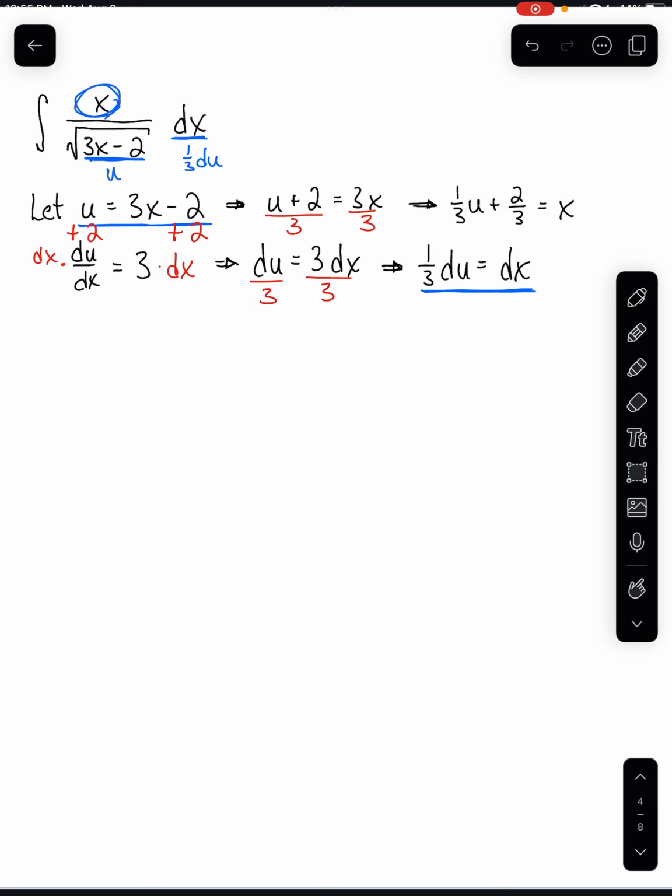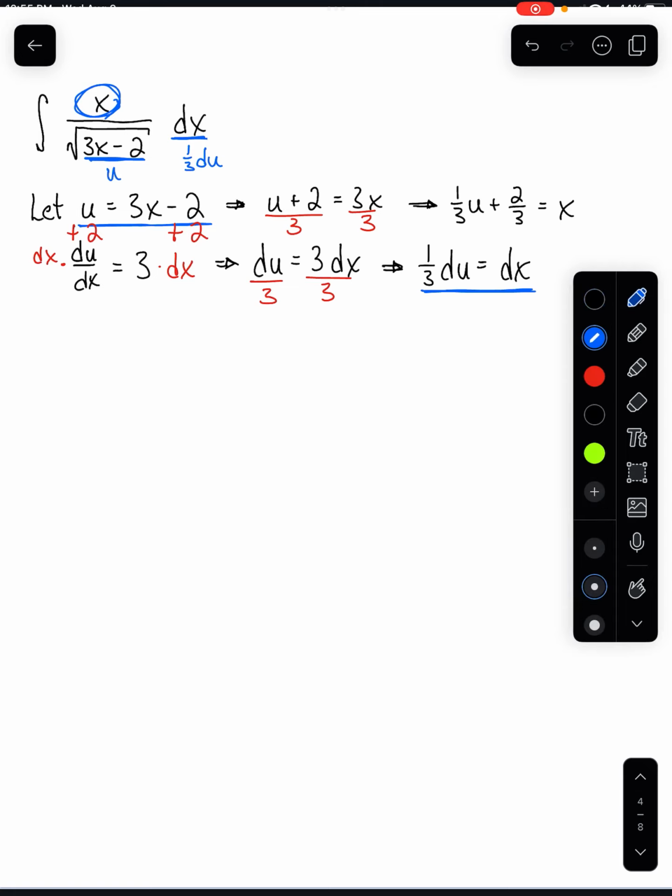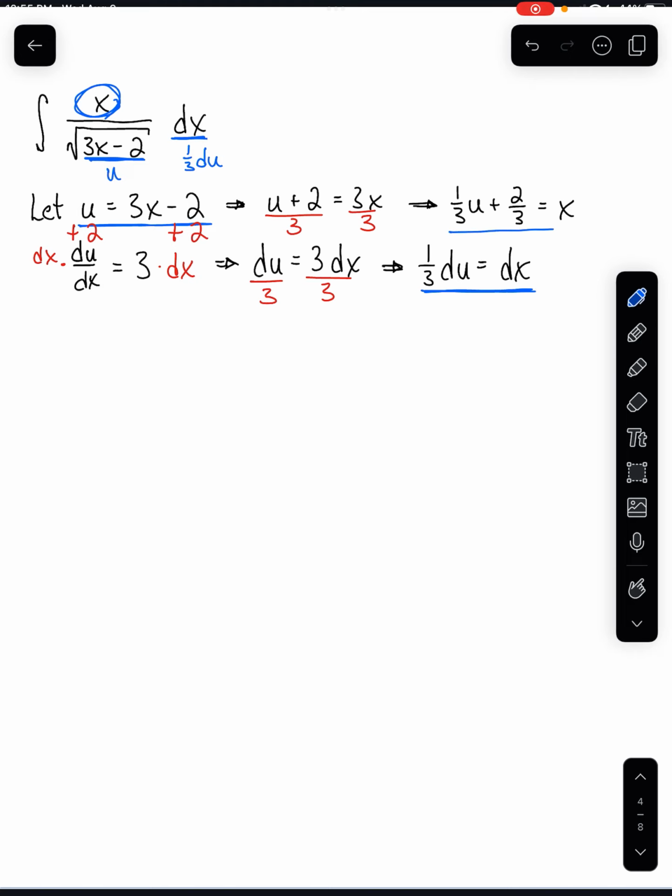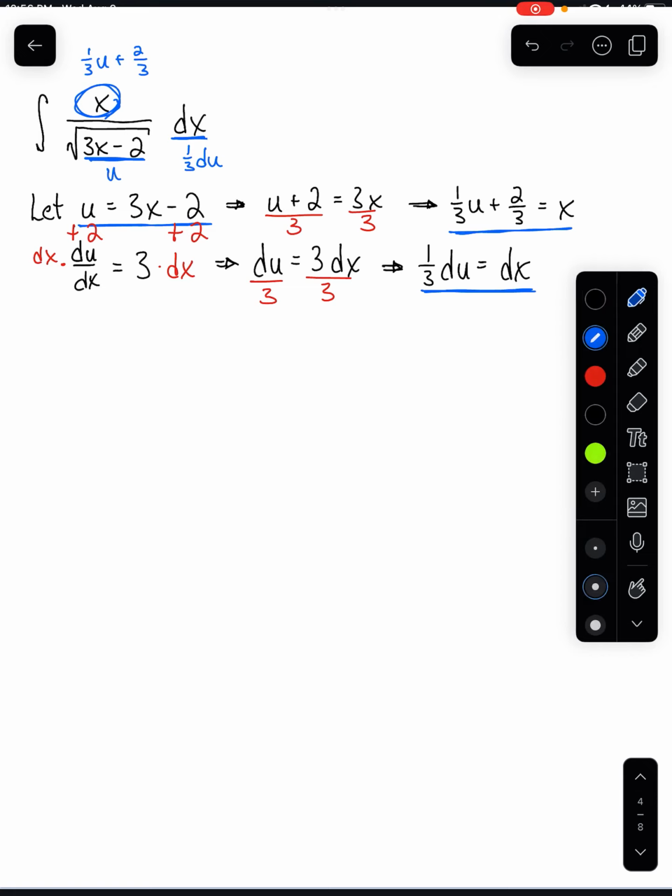And we can get a statement that instead of u equals 3x minus 2, we have 1/3 u plus 2/3 is equal to x. And this statement can now be used to replace the x that was in the numerator with 1/3 u plus 2/3. Not pretty, not ideal or as clean as the last couple of examples, but it certainly can be done, and it works.